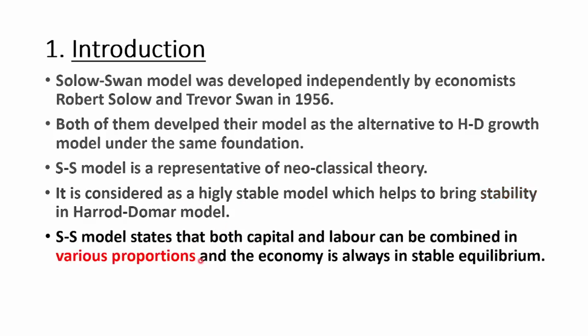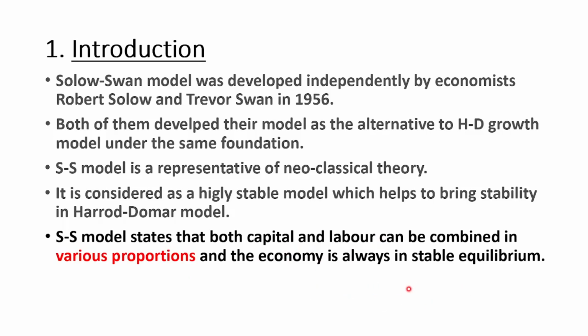Similarly, SS model states that both capital and labor can be combined in various proportions, and the economy is always in a stable equilibrium. Unlike the fixed proportion of capital and labor ratio in Harrod-Domar model, under SS model there can be various combinations or various proportions of capital and labor ratio. That's why it is also one of the main differences between SS model and Harrod-Domar model.